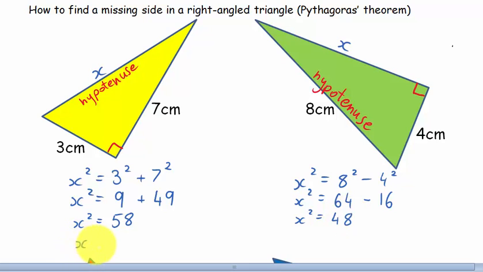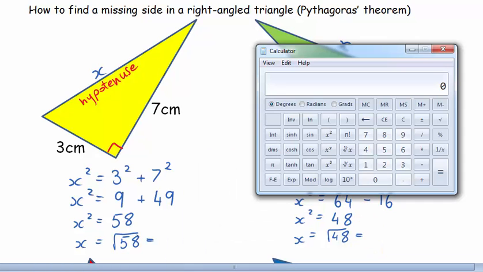In order to find x itself, I have to square root the number. And same thing on the right. For that, I need a calculator. 58 and the square root button.